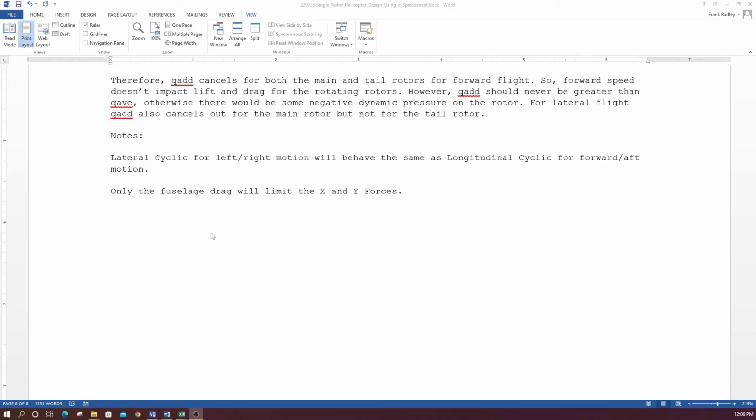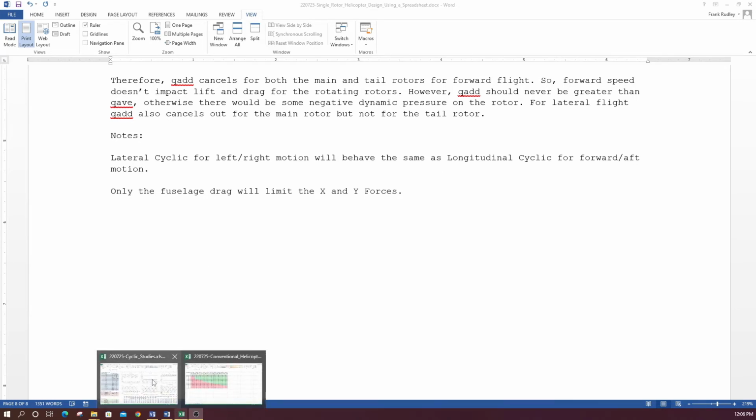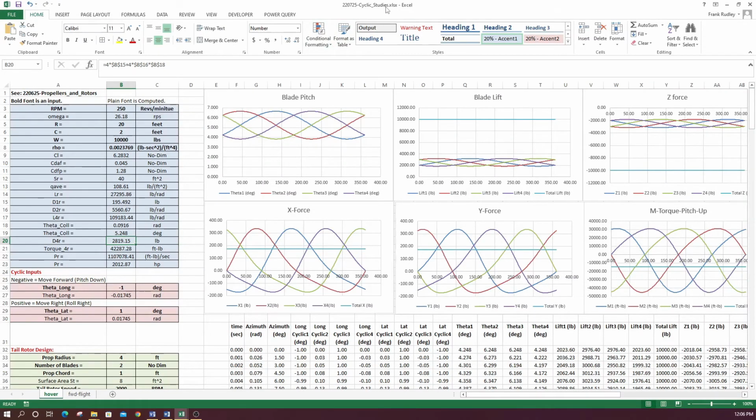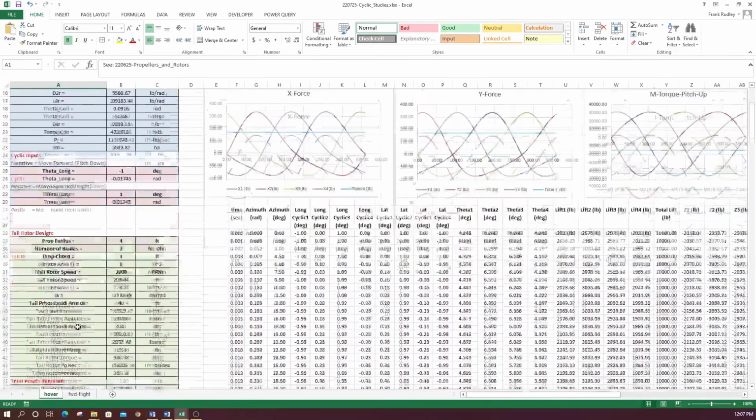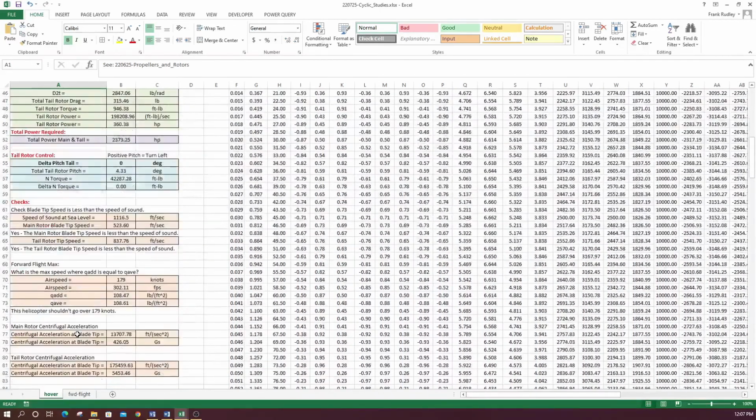So we want to look at our spreadsheets now to look at how this analysis might work. The first spreadsheet we're going to look at, I called it cyclic studies. The way I set up these spreadsheets, over here on this side, I put parameters that are more fixed.